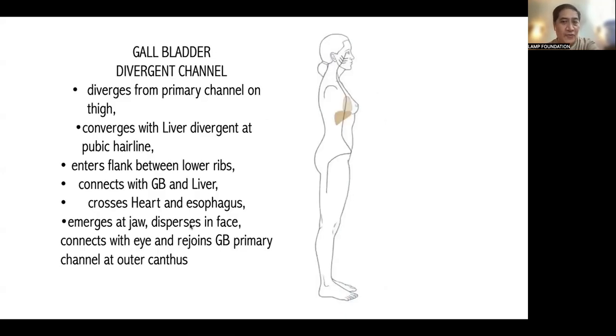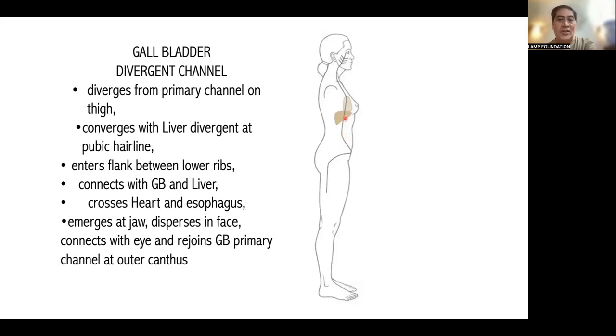Next, we go to the divergent channel. After diverging from the primary channel on the thigh, this channel crosses over and enters the lower abdomen in the pelvic region, where it converges with the divergent channel of the liver. So friendship sila ni liver. Divergent channel ni liver, divergent channel ni gallbladder.